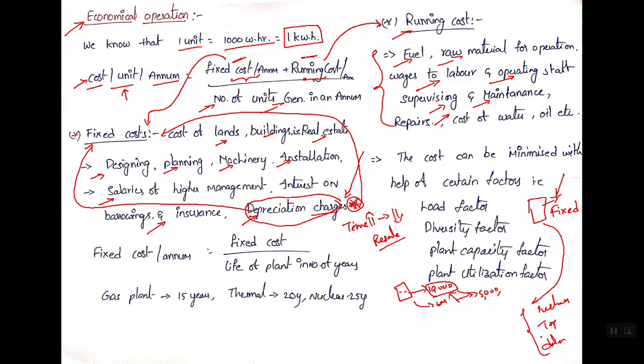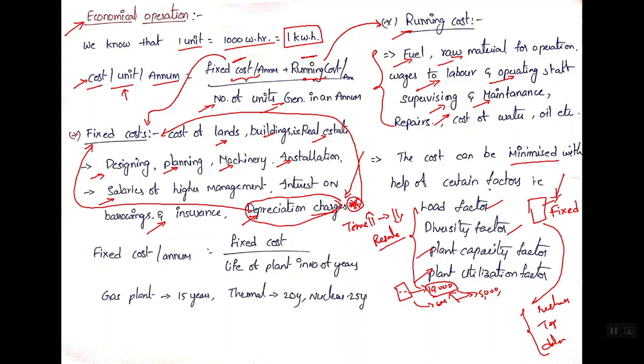Now we are going to learn different types of factors. These are very important: load factor, diversity factor, plant capacity factor, plant utilization factor. These are used for helping the minimization of the cost.